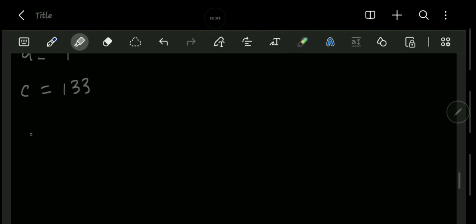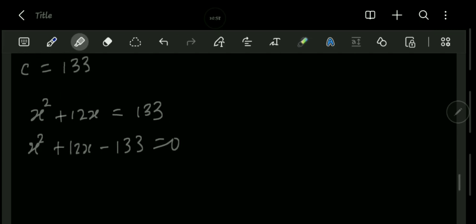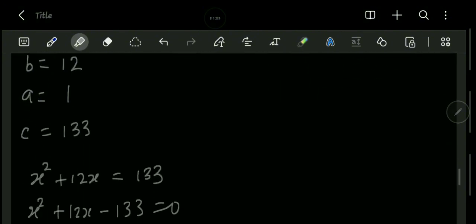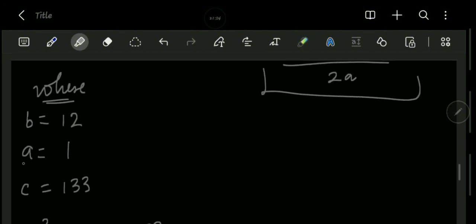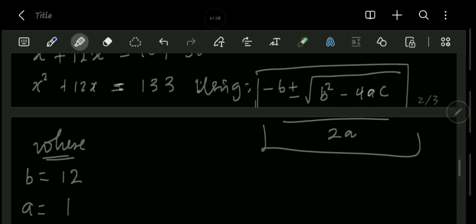So from that equation, I have that x squared plus 12x is equal to 133. If I make it equal to 0, I'll carry this inside, so I have x squared plus 12x minus 133 equals 0. So I'm going to arrange these into this formula. Anywhere I see b, I'm putting 12. Anywhere I see a, I'm putting 1. Anywhere I see c, I'm putting 133.